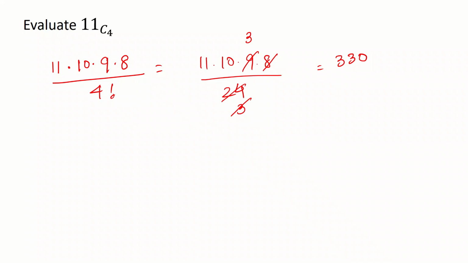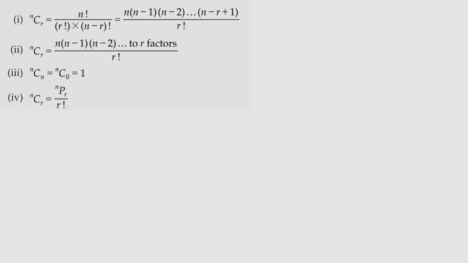You cannot have a negative number, you cannot have a fraction or a decimal as your answer, because these are the number of selections. Number of selections or the number of arrangements in case of permutations can never be negative, and they can never be fractions or decimals as well. They have to be natural numbers. You cannot have arrangements of 3.5 ways. You cannot arrange something in 7 by 10 ways. It always has to be some natural number, right?